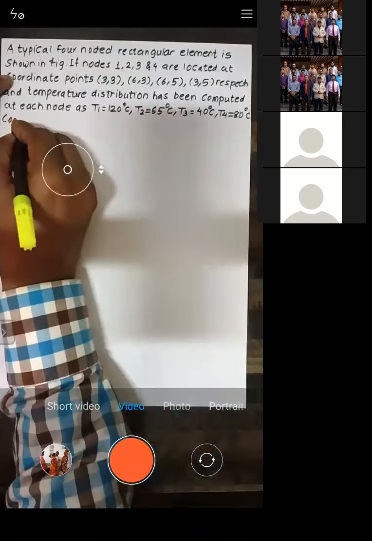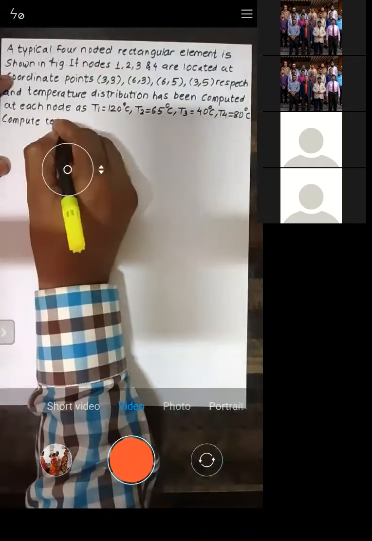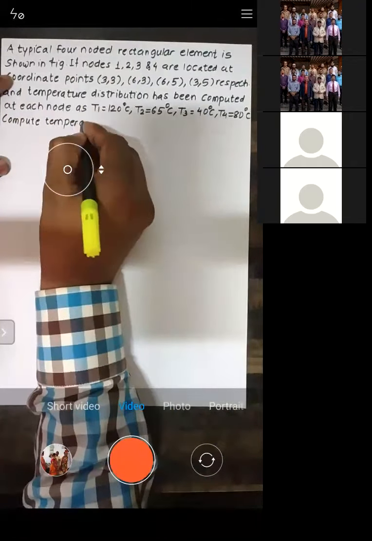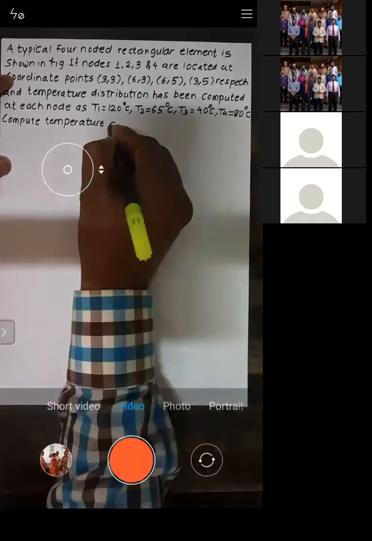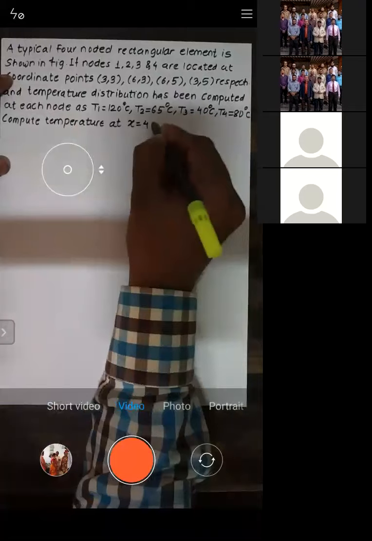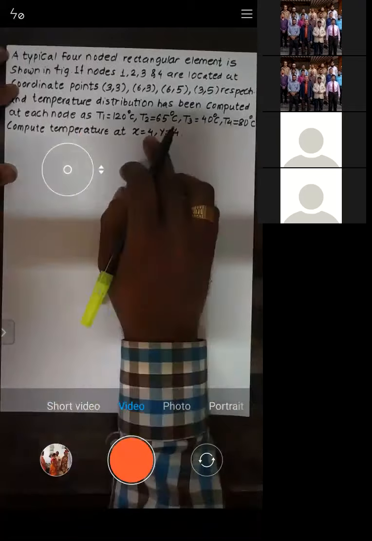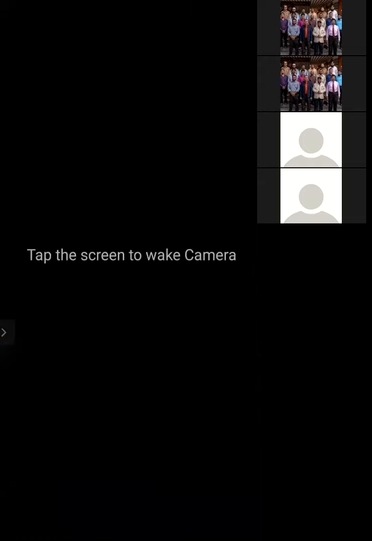Compute the temperature at x is equal to 4, y is equal to 4. What is the temperature at point (4, 4)? Okay, so that is what they're asking. And they have mentioned the diagram.